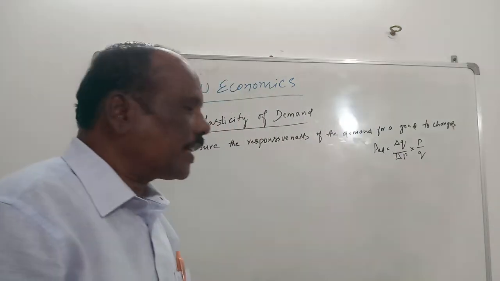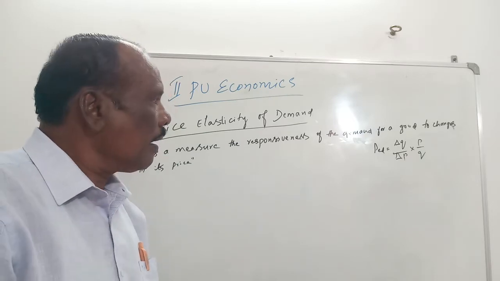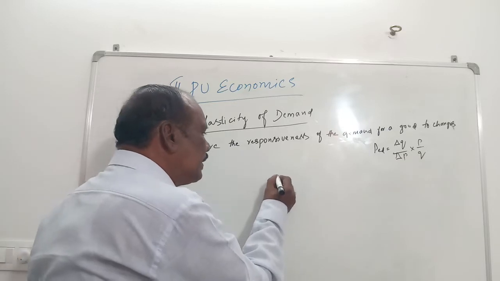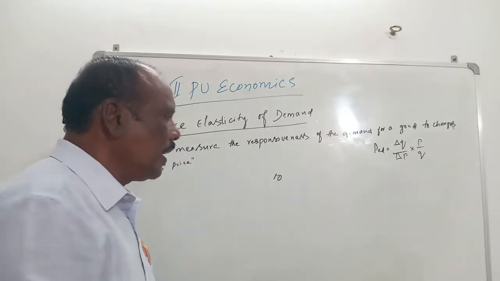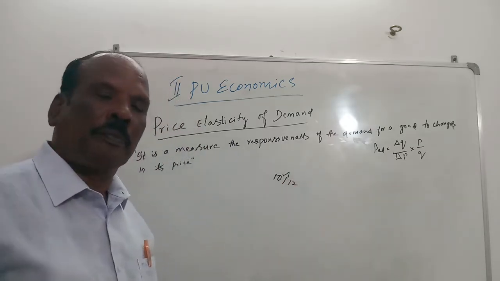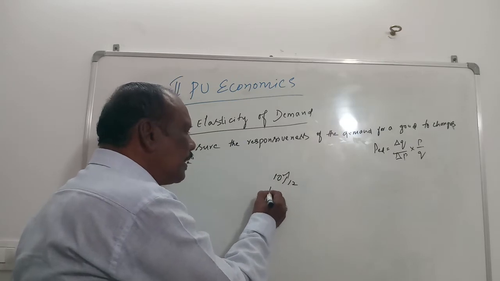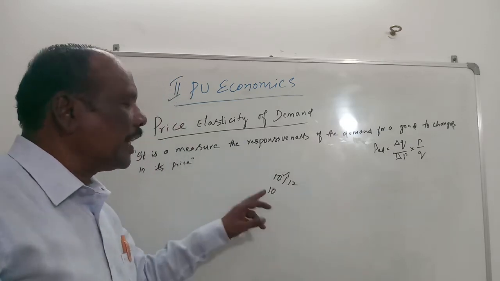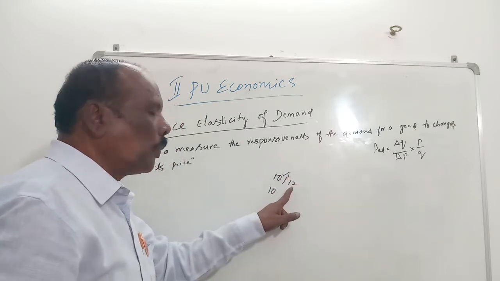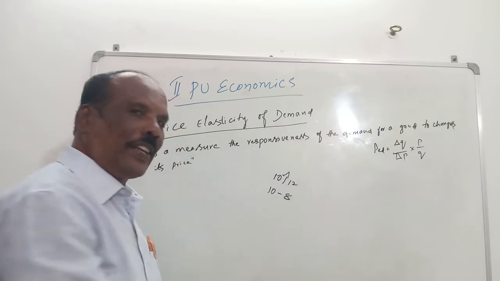Here, I will give you an example. The price of a commodity is 10 rupees, the initial price, and it rises to 12 rupees. When the price was 10, the demand was for 10 kgs. Then when the price rises to 12 rupees, the demand fell to 8 kgs.